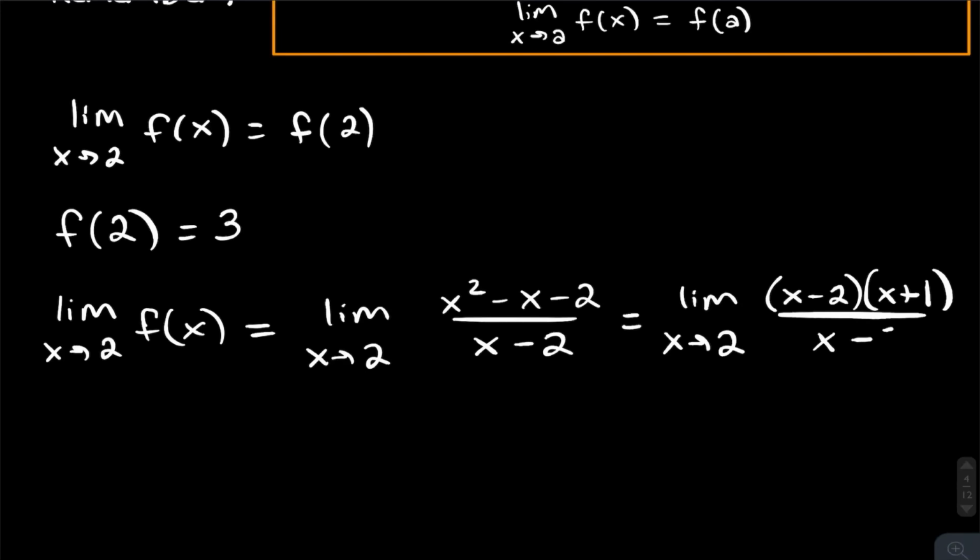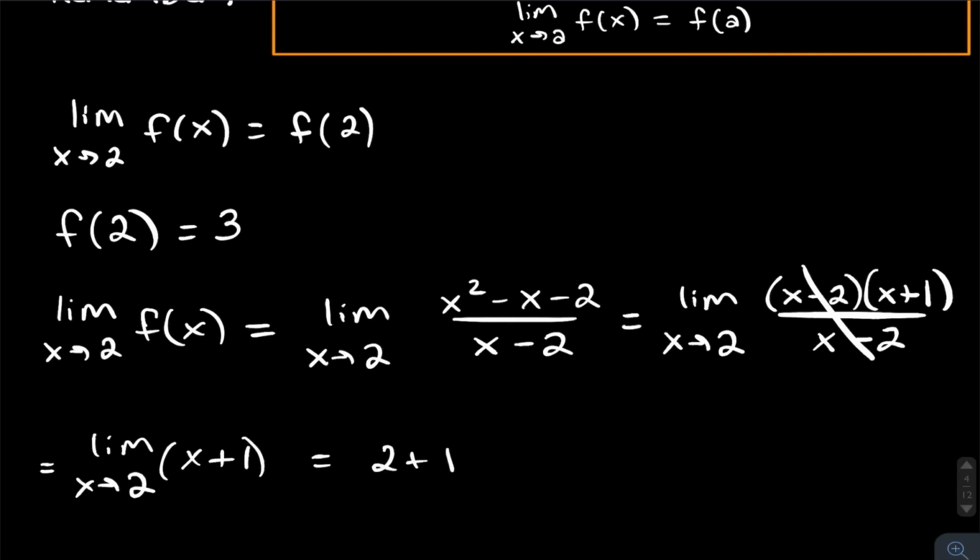And there you see that the x minus 2's cancel, and we end up getting the limit as x approaches 2 of x plus 1. When we plug in 2 for x here, that's something we can just do now. We just get 2 plus 1, and that's 3.